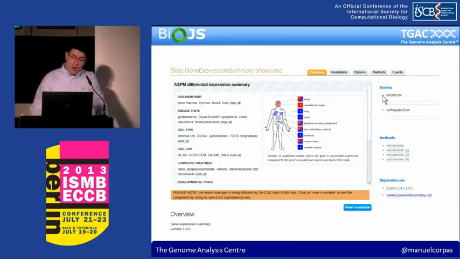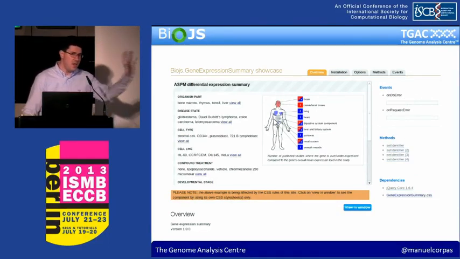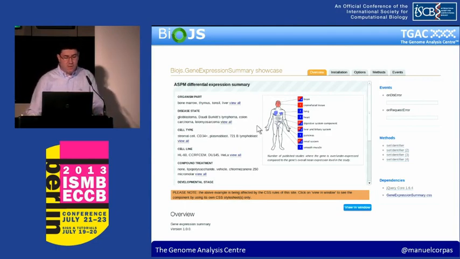On the right-hand side, you can see the menu where you can interact with this example. If you click on one particular organ, you can see what events are triggered, or by clicking on any of these methods you can see what the effect is.